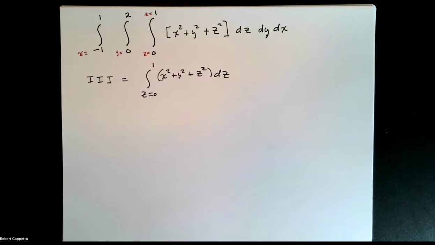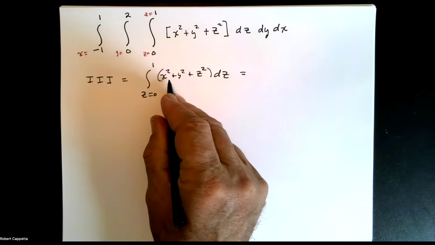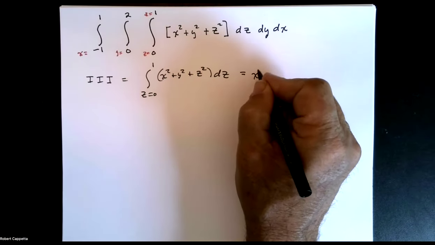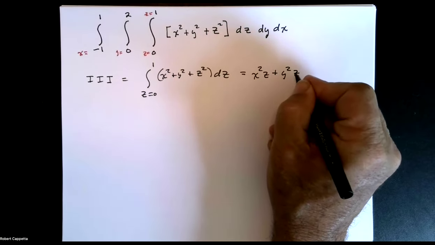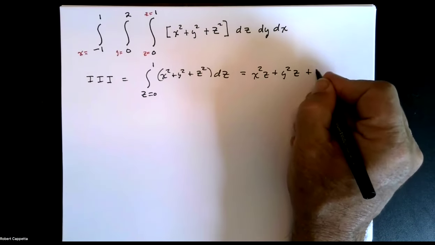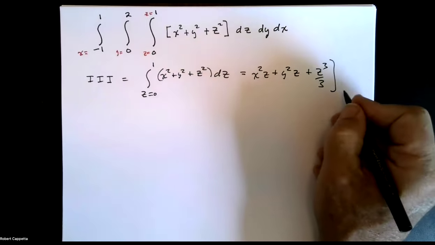And then what does that become? Well, z is perceived as the variable, so x squared is perceived as a constant. So the antiderivative of x squared would be x squared z, similarly with y squared z. But z is perceived as a variable. The integral of z squared is z cubed over 3, as z ranges from 0 to 1.